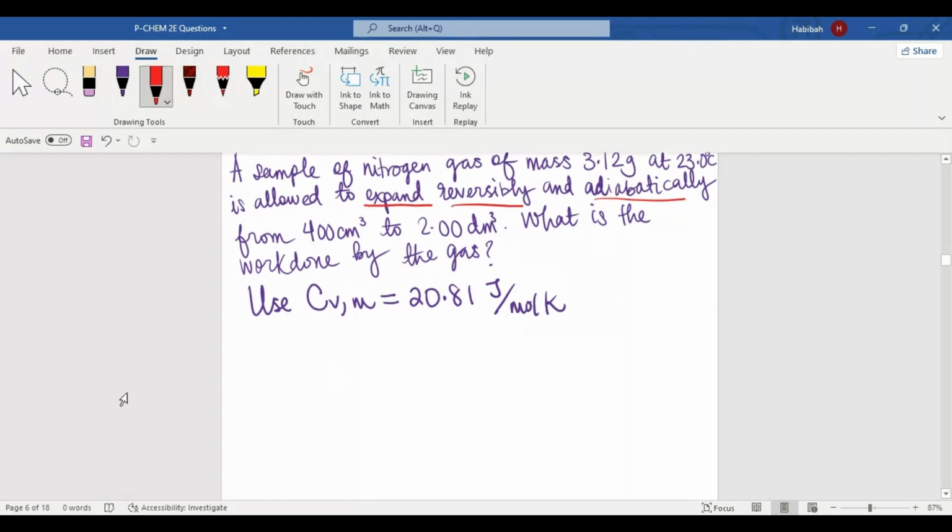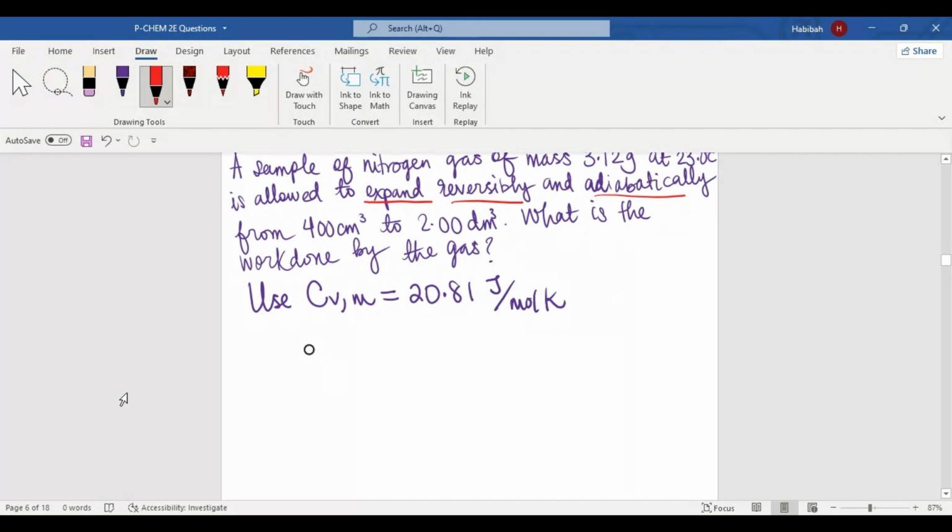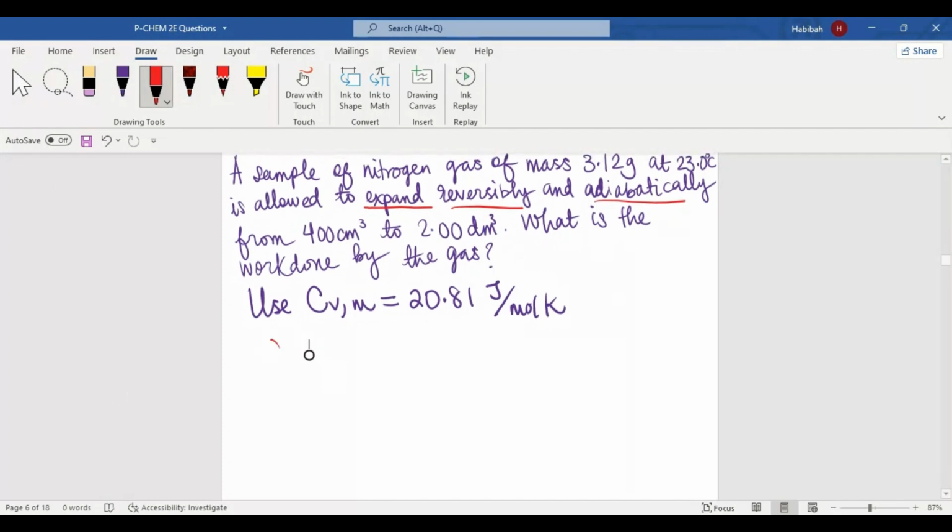The first thing you have to note is this information right here. We're going to write out all of the parameters. So to solve this question, of course, we're going to write solution. We have the mass of gas, given to be 3.12 grams. We've got the initial temperature to be 23.0 degrees Celsius.